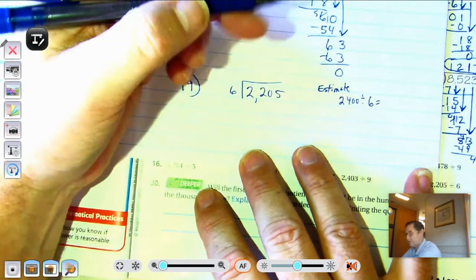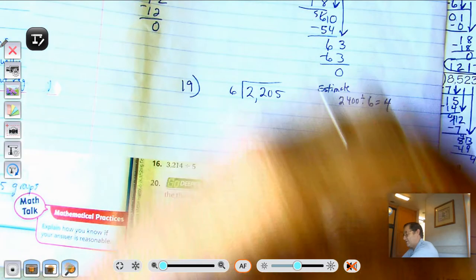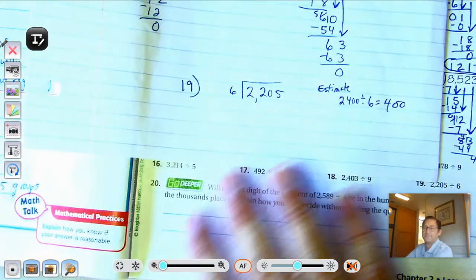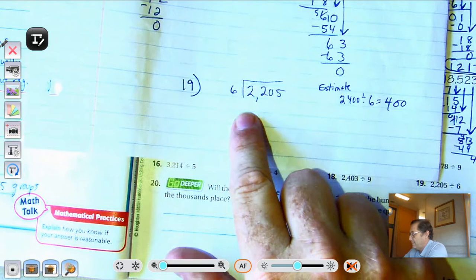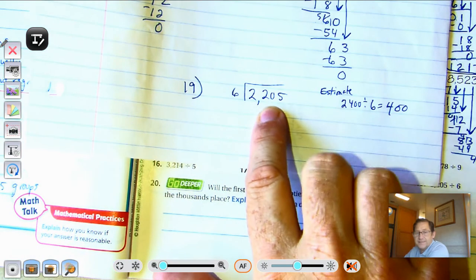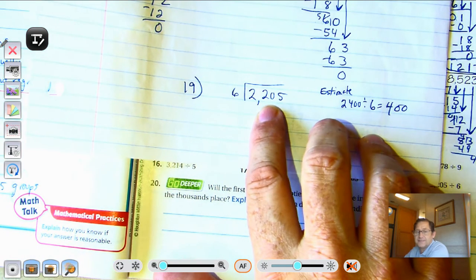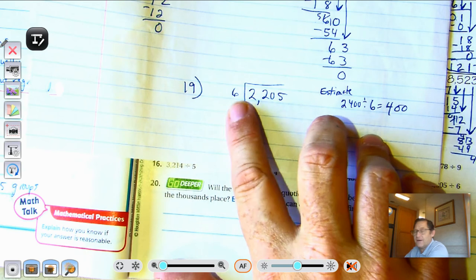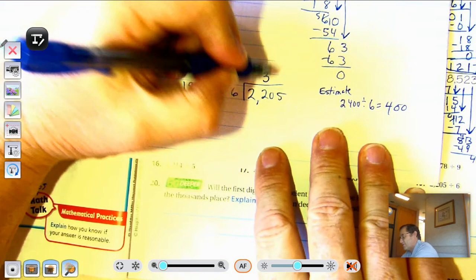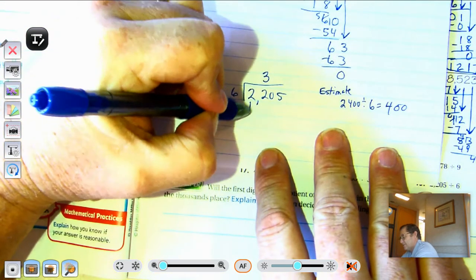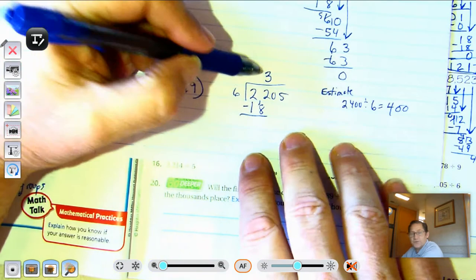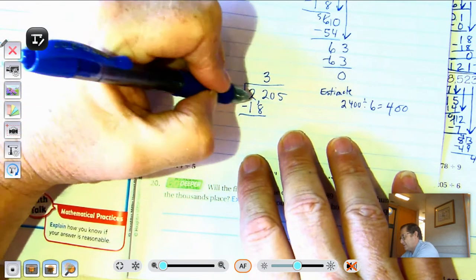So 6 times what is 24? 4. So 2,400 divided by 6 is 400. All right, so that means our first digit is going to be in the hundreds place. 22 hundreds divided by 6. The closest I can get is 300s. So 6 times 300 is 1800s.